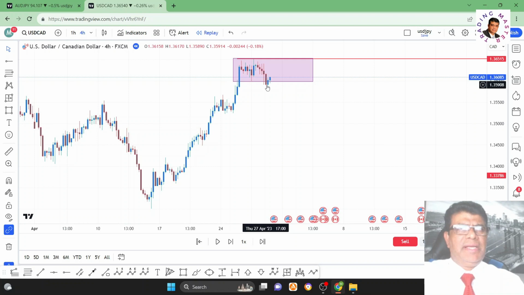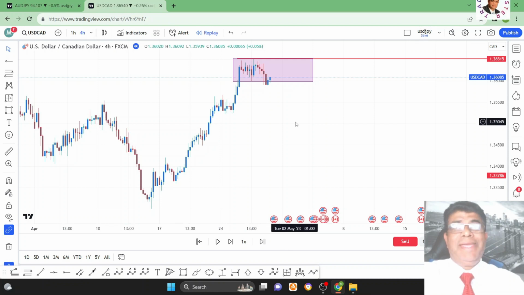Remember I said as soon as it touched the order block you should be in the trade. But wait, if you wait for the retest, it's going to save you lots of money. And 80% of the time you will be right with the order block.